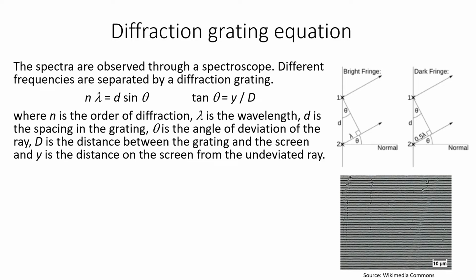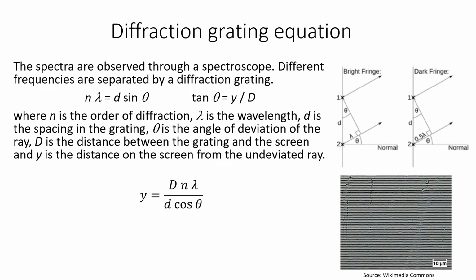So in the equation then, lambda is the wavelength, d is the spacing in the grating, and theta is the angle of deviation of the ray. And then if you look at it from the screen point of view, if the screen is a distance d from the grating, and y is the distance of the diffracted ray on the screen from the undeviated, so theta equals 0, 0th order line, then we have this expression involving tan theta.